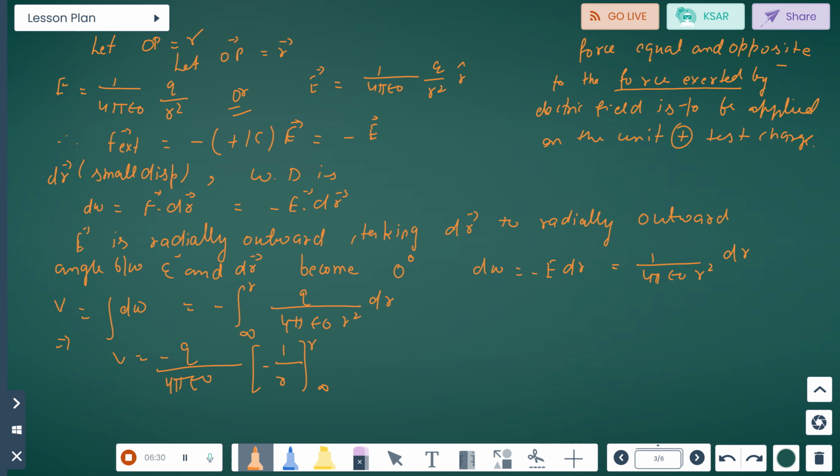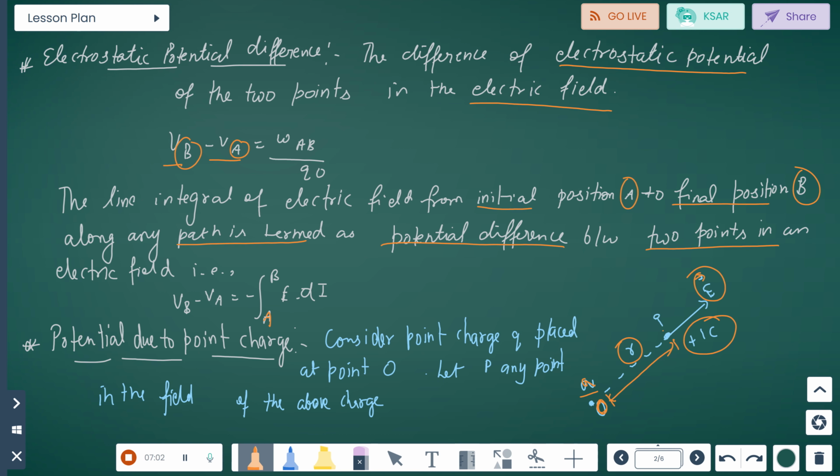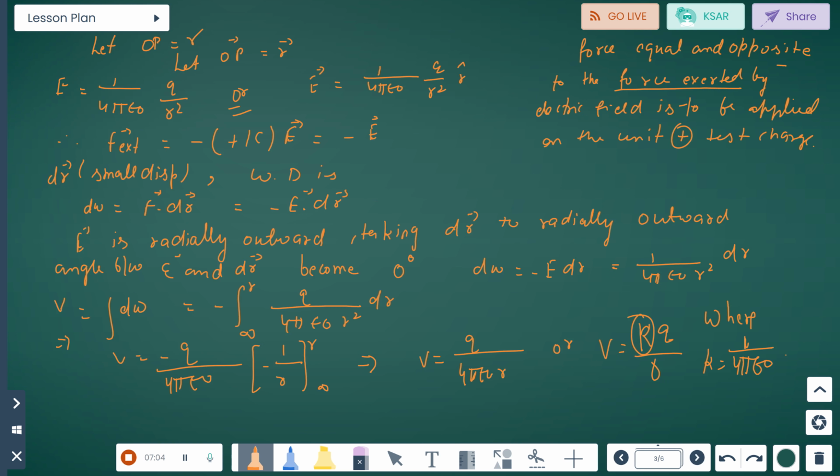After integration we get V equals q by 4 pi epsilon naught r, or V equals k q by r, where k equals 1 by 4 pi epsilon naught. This is the expression for potential due to a point charge.